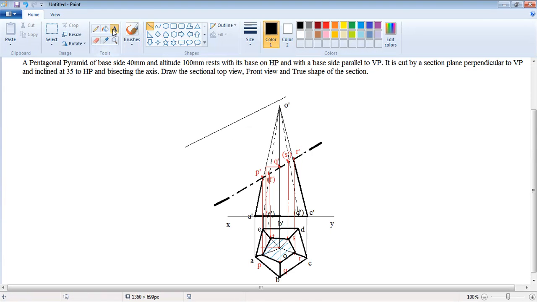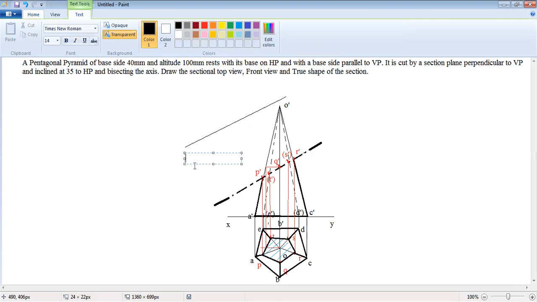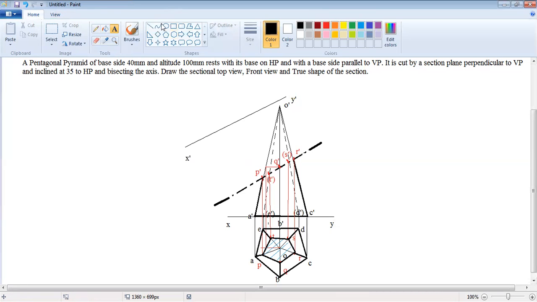And this one is X dash, Y dash, the imaginary reference line. Project the section points P, Q, R to the imaginary X dash Y dash line with perpendicular lines, that is, 90-degree lines.